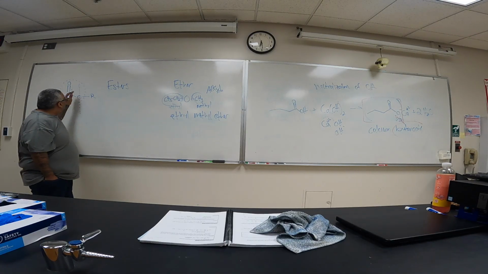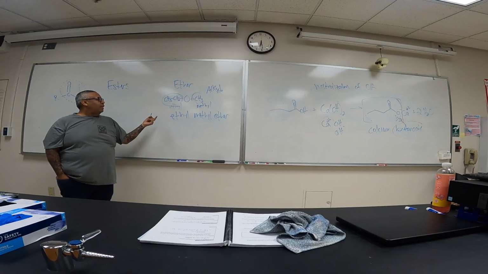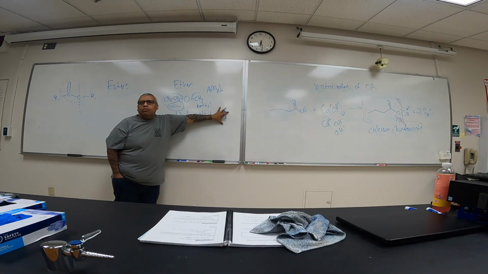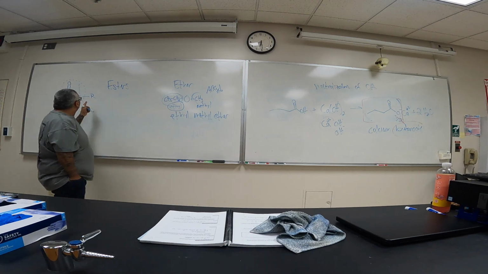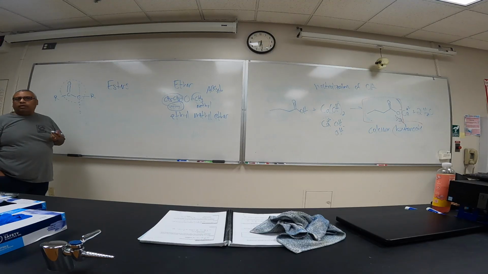And the other half kind of looks like an ether, and we know how to name these branches. We're not going to use the name ether, but we have to remember that this is just going to be some alkyl branch that we're going to put there.